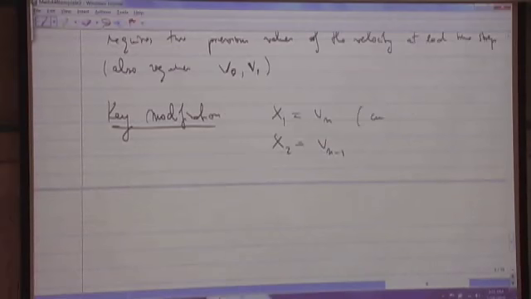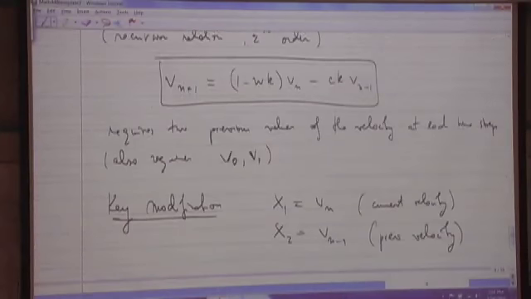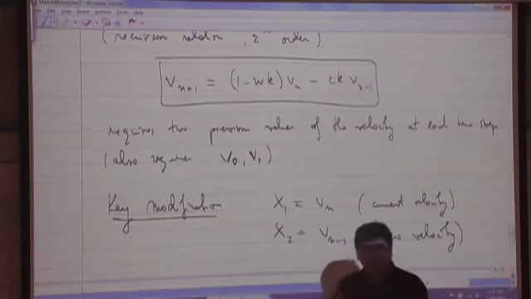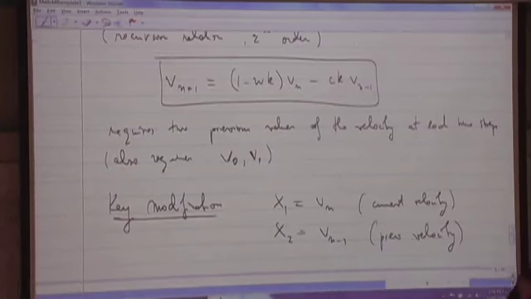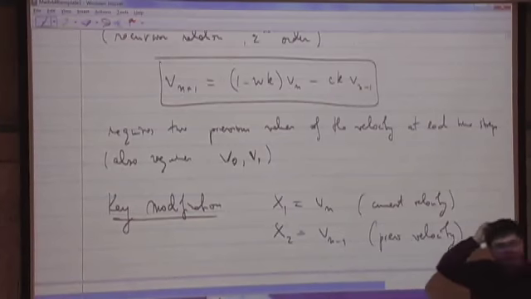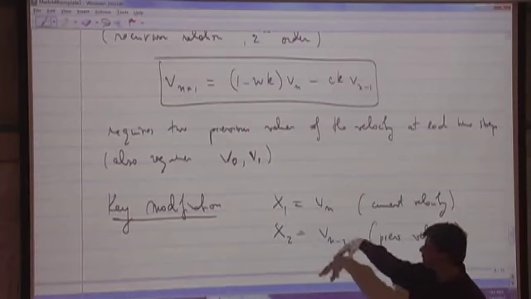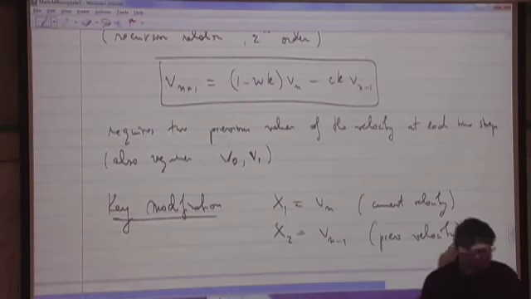So this is the current velocity, and this is the previous velocity. And with this, you can rewrite the second order recursion relation as a first order recursion relation. It's exactly the same as you do with differential equations: second order equations, you write them as first order systems.